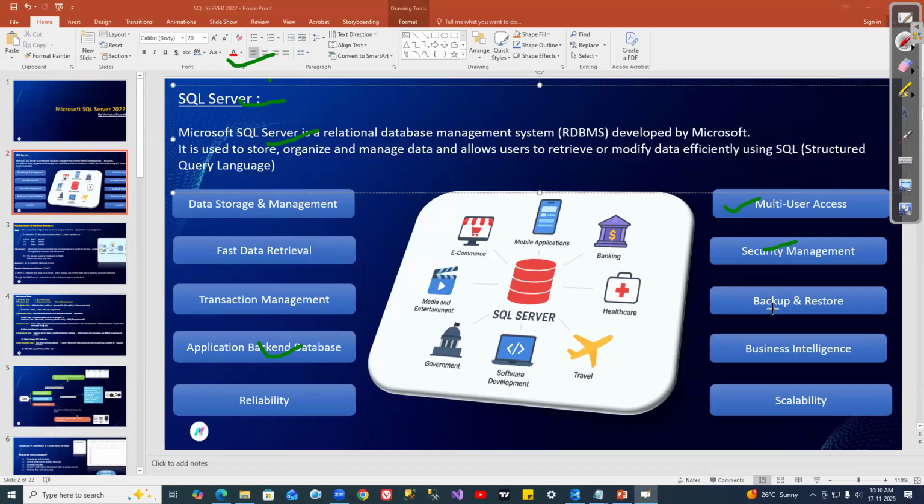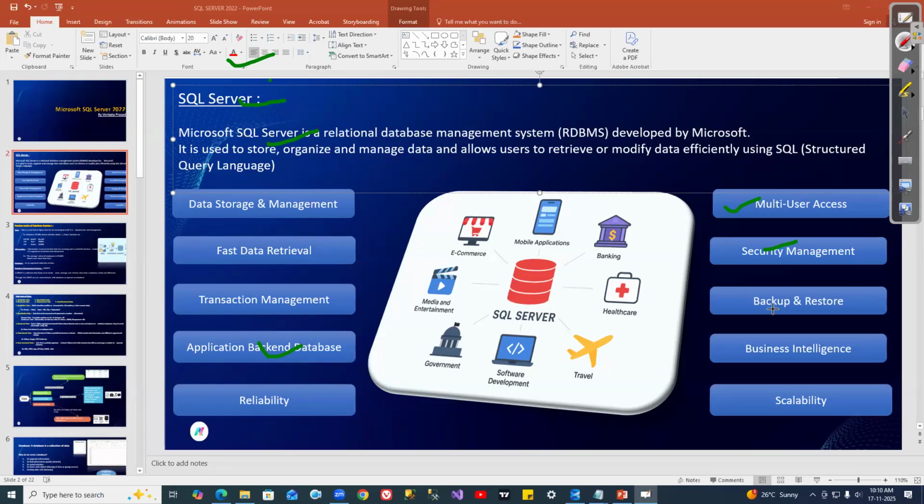Also business intelligence: since SQL Server is a Microsoft product, it also has SSRS, SSIS, and SSAS. These are the Microsoft business intelligence tools, and also its reliability, scalability, and high performance. These are the features of SQL Server.